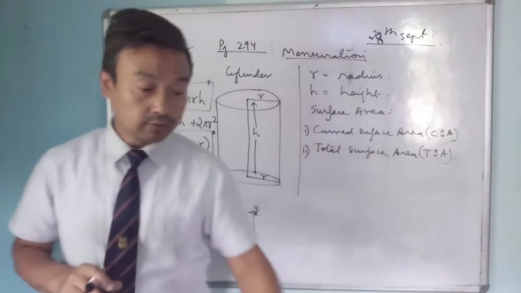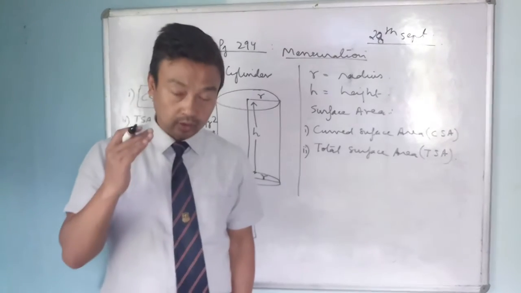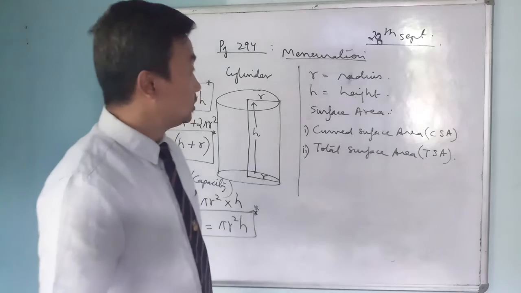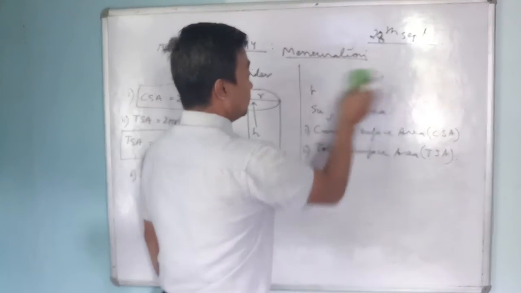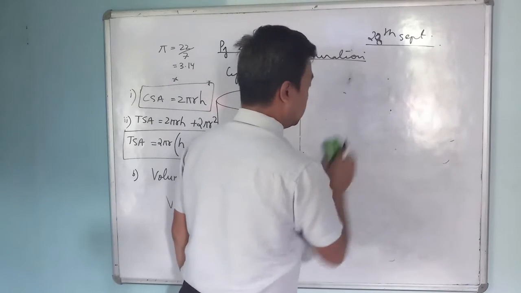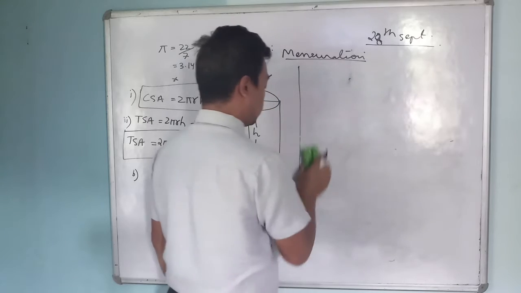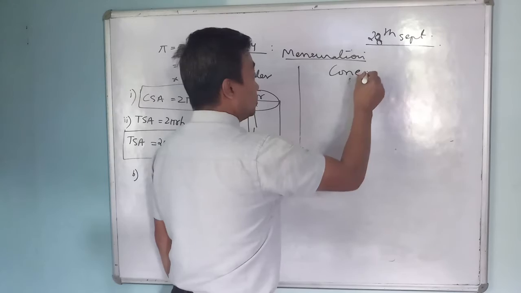Okay, so now we have got two other solids, that is the cone and the third one is sphere. So let me discuss that cone also quickly to you, because the cone and the cylinder are very, very similar. Cone.